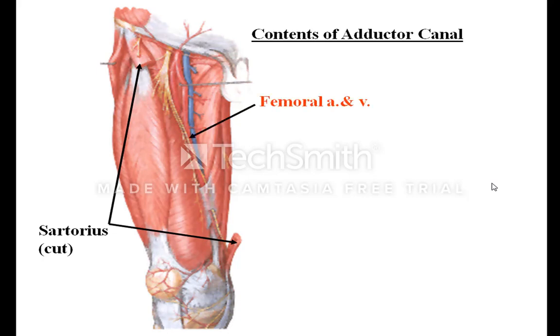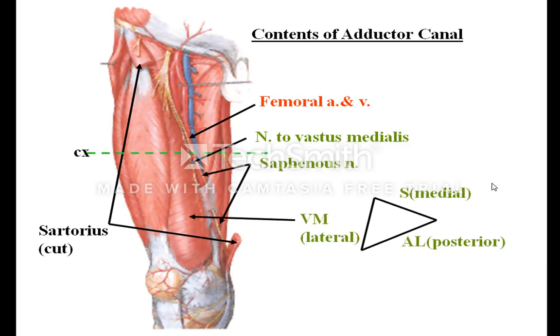Again, here are the contents of the adductor canal: the femoral artery and vein, nerve to vastus medialis, the saphenous nerve, and here these are the boundaries. The sartorius, which has been cut, is anterior, and we have the adductor magnus and longus medially, and the vastus medialis here laterally.